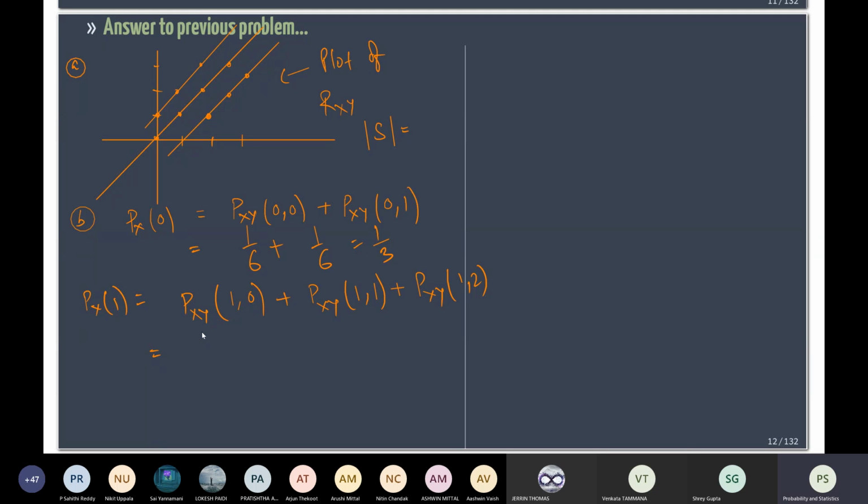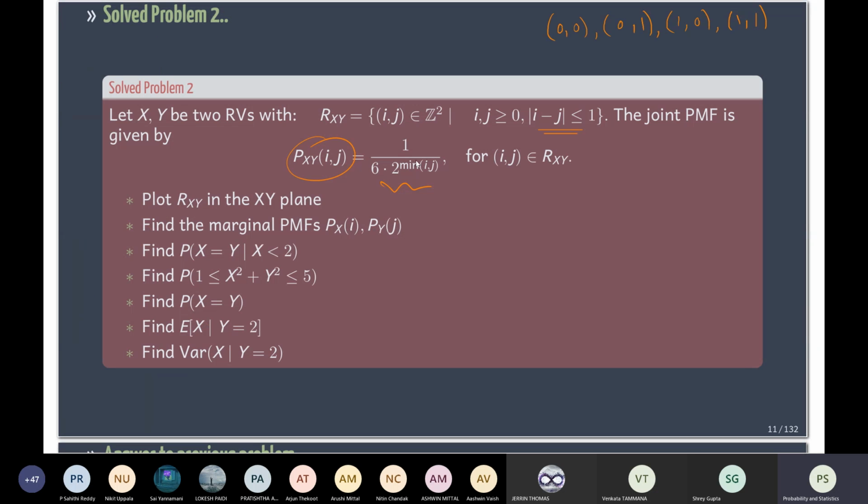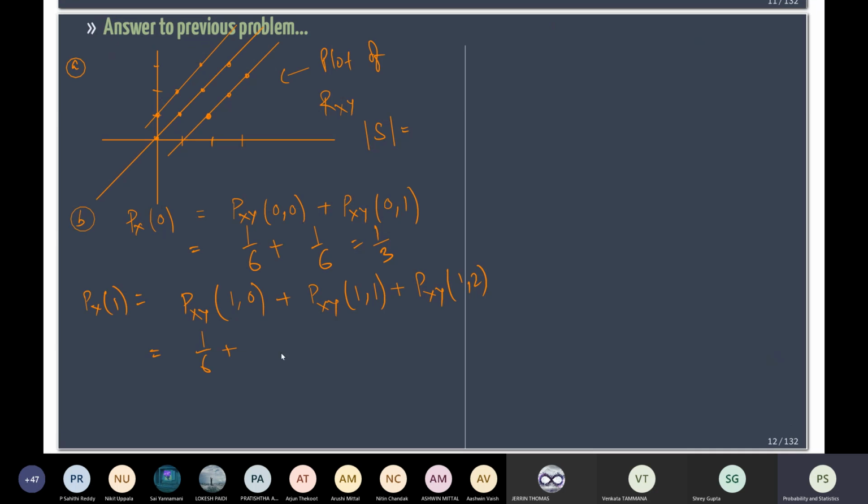So this still remains 1 over 6, plus p_XY(1,1): the minimum is 1, so 1 by 12, plus another 1 by 12. So 2 plus 1 plus 1 gives 4 by 12, which is 1 over 3. We are computing the marginal, so we are listing out the values, and remember that it's not going to stop. With this, we are only finding the pattern right now.